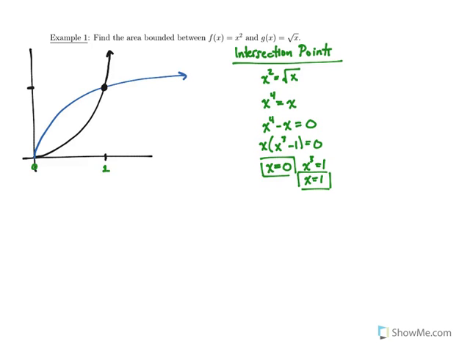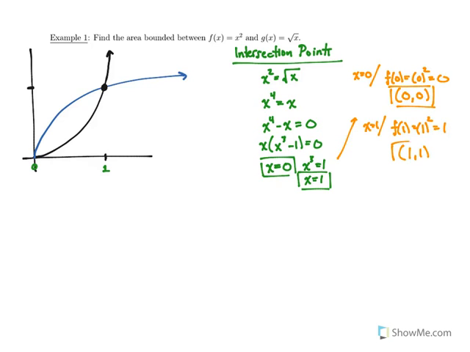We could find the corresponding y values by plugging them into either function. How about f? That gives us 0, so that's the point (0, 0). And we do the same thing for x equals 1. Let's plug it into f. We can plug it into g as well. It gives us the point (1, 1).